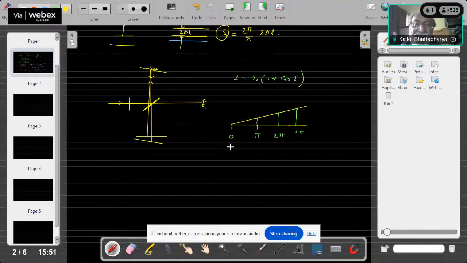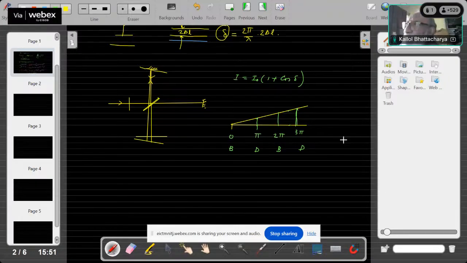As delta keeps on increasing from 0, the resultant intensity keeps on decreasing till at delta equal to pi you get a dark fringe. Then you get a bright fringe again at 2 pi and a dark fringe again at 3 pi, and this continues. So now comes the concept of fringes.